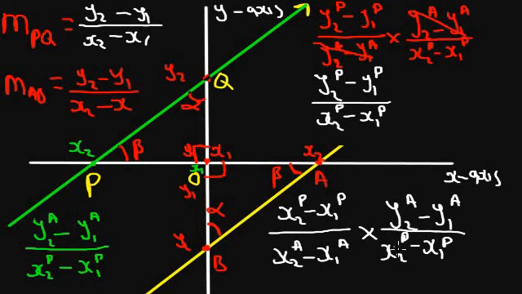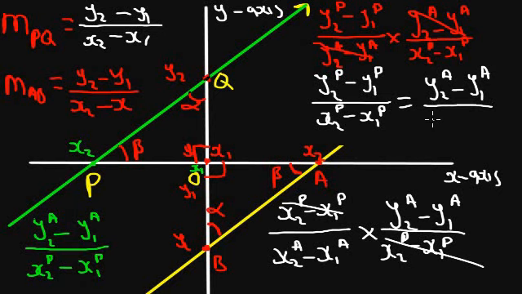Now we can clearly see that x2 raised to p minus x1 raised to p will cancel out, and we would be left with y2 raised to a minus y1 raised to a, all divided by x2 raised to a minus x1 raised to a.